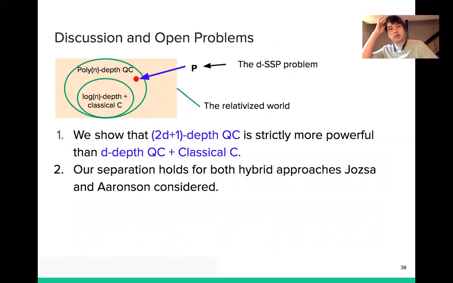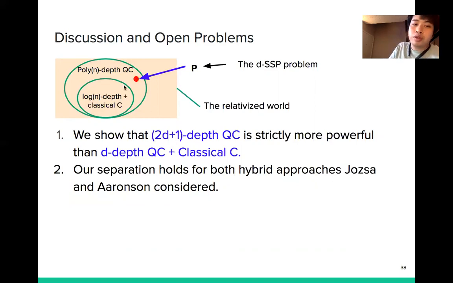Now, because of time limit, I cannot tell you all the details about the proof, but it is easy to show that this problem can be solved by a 2d plus 1 depth quantum computer, and it is hard for a d-depth quantum computer.